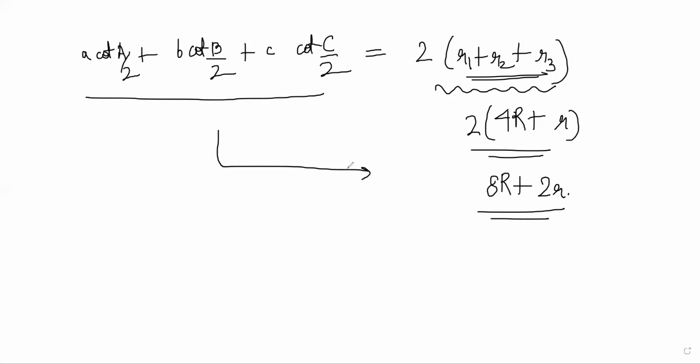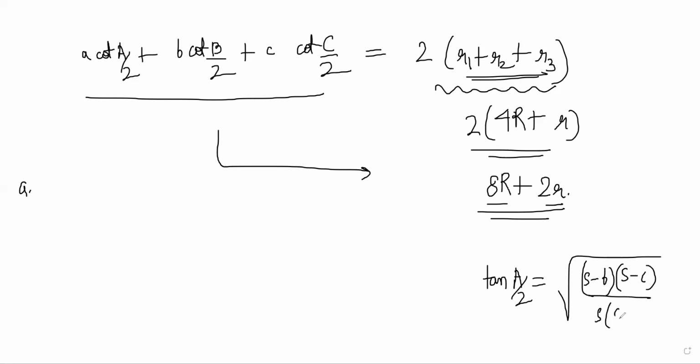So in order to prove this, we need to convert it into 8R and small r. We use the result that cot is 1 by tan, and tan A/2 is equal to root over (S minus B)(S minus C) by S(S minus A).